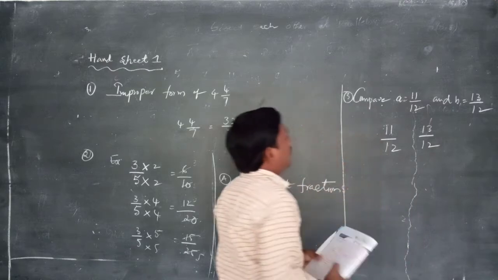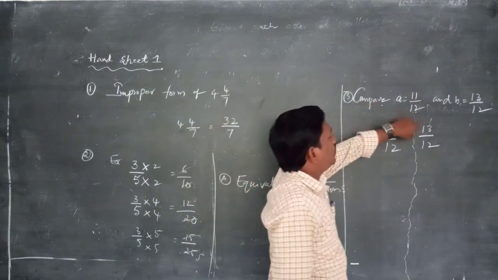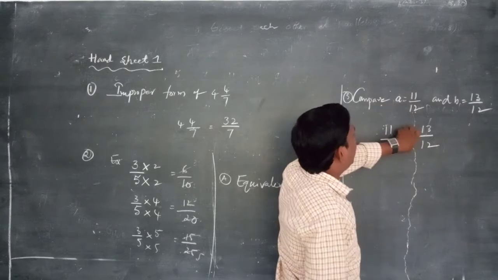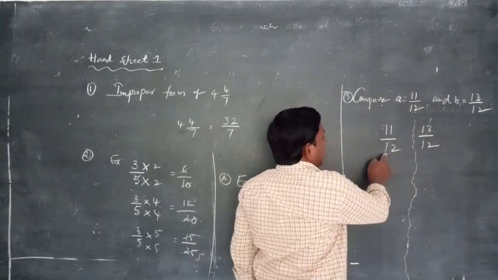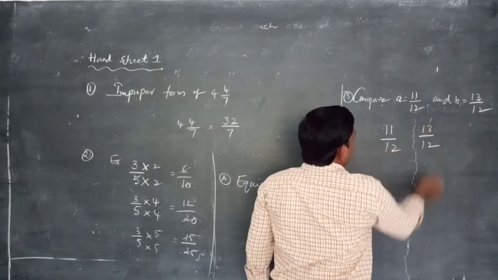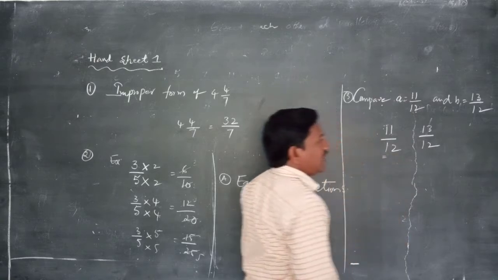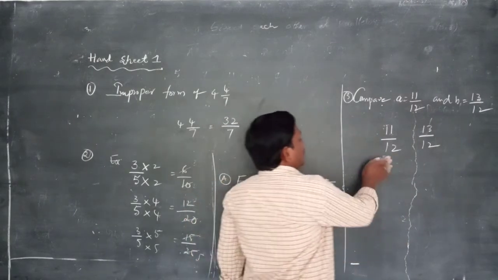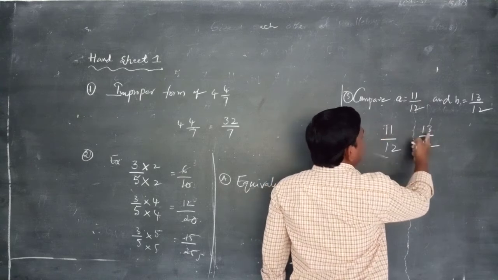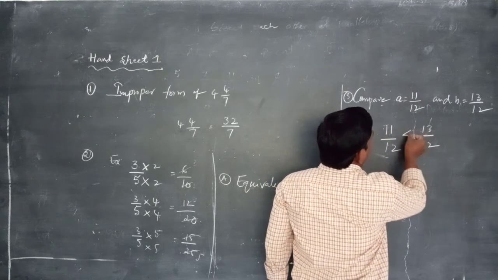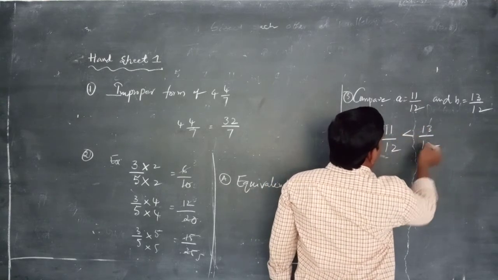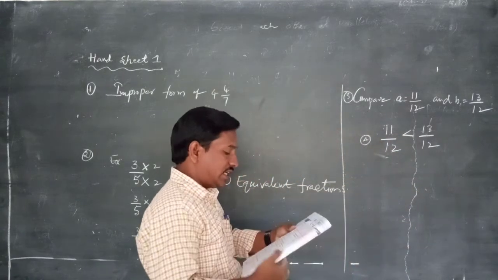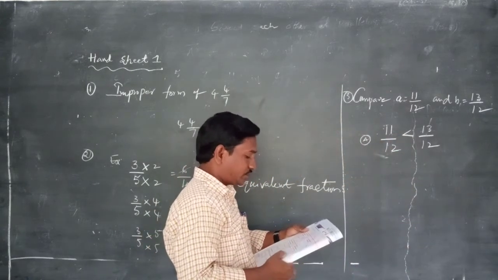So compare the numerators. Since 11 is less than 13, the corresponding fractions are also 11 by 12 and 13 by 12. Here denominators are equal. That is called like fractions. So 11 by 12 is less than 13 by 12. This is the answer.